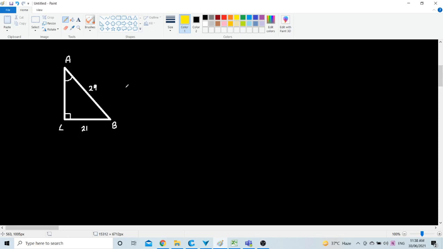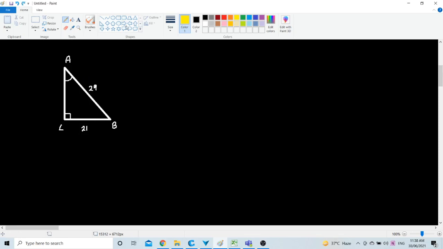I have already informed all of you that whenever we have to calculate a trigonometric ratio, it will be easy for you if you can consider the angle between the base and the hypotenuse, that is this one. But here we have to find out A. So again, need not worry about it.